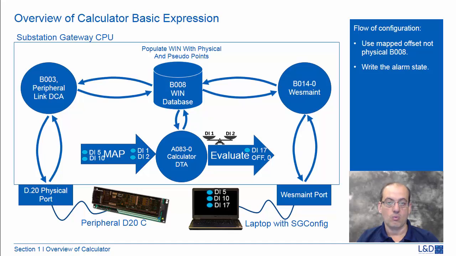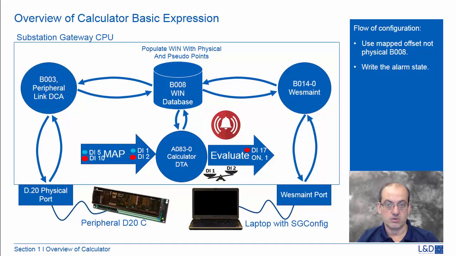Great. And like we said, B008 is constantly receiving these states, and if a state change takes place, like let's say all of a sudden digital input number 10 turns to on, then digital input number 10 in the evaluation will not be equal to digital input number 5. As such, an alarm state has taken place, and digital input number 17 is turned on.